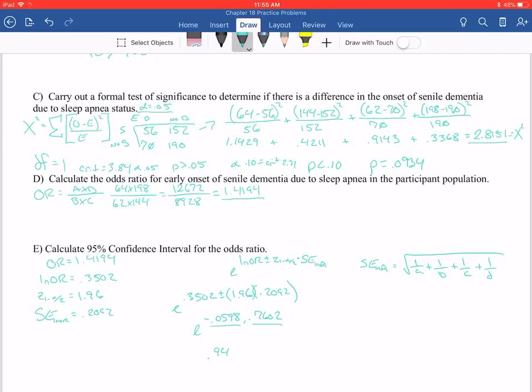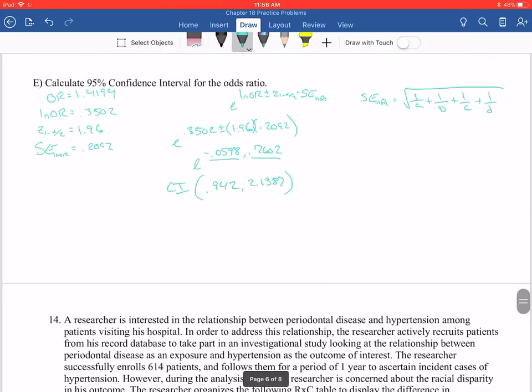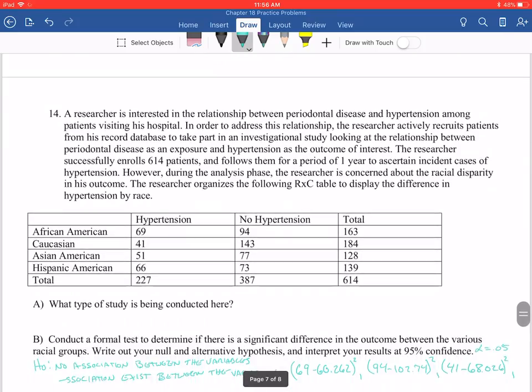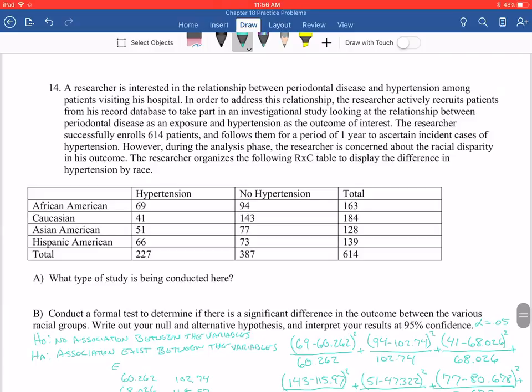Remember to use your e to the x function. So e to the power of each of these values separately, and you're going to get 0.942 to 2.1387, and that is your 95% confidence interval, stating that we are 95% confident that the true odds ratio lies between this interval.